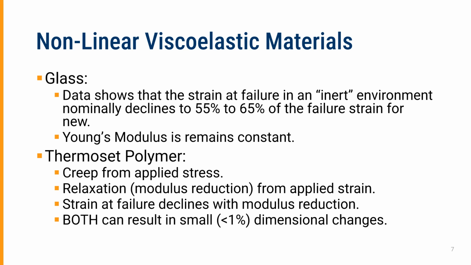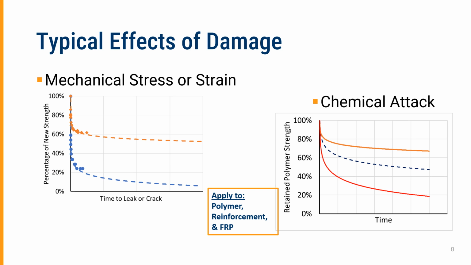The strain at failure also declines with modulus reduction, and both can result in a fairly small, about 1% dimensional change in the material under service conditions. So typically, the effects of damage I'm showing on this slide, when it comes to mechanical stress or strain, this is similar to developing a hydrostatic design basis for equipment.